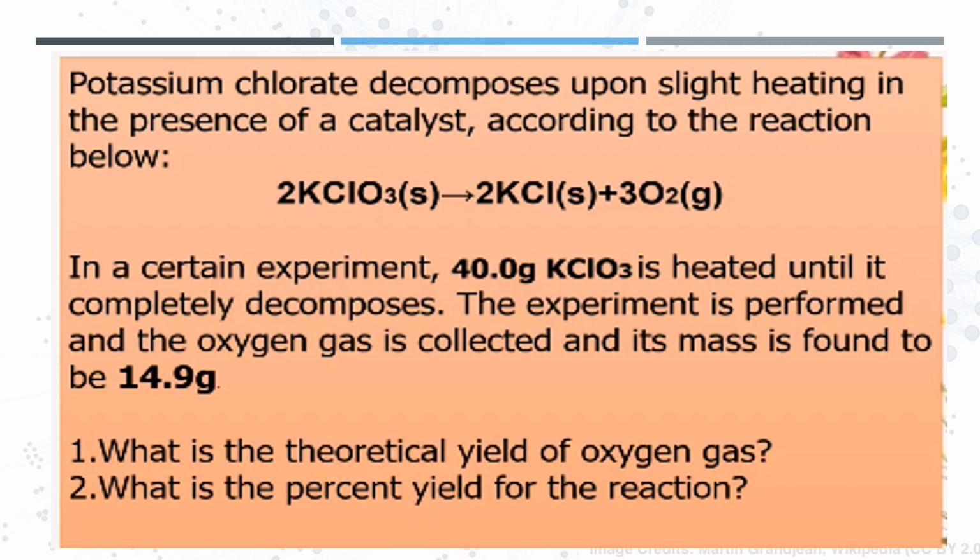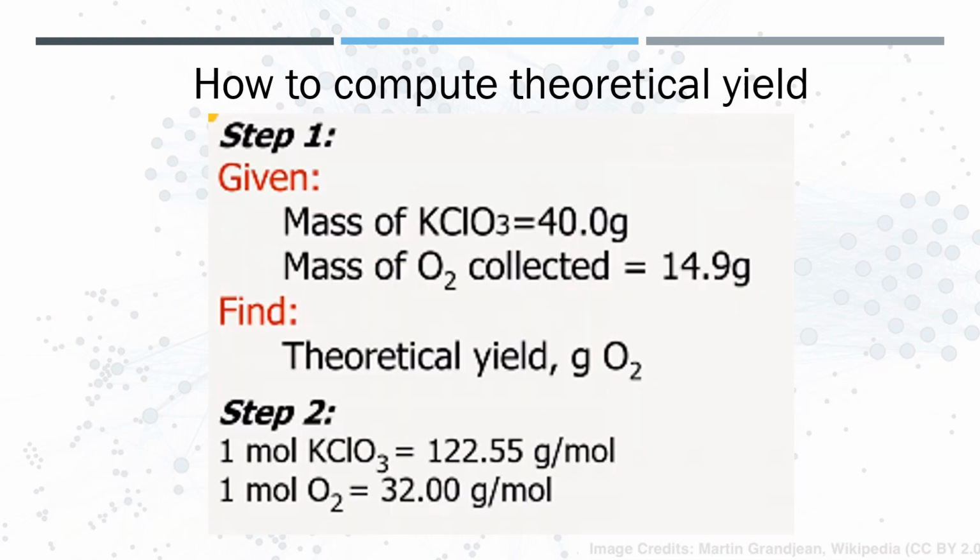So let's start with the calculation of the theoretical yield. First, we will calculate the theoretical yield based on the stoichiometry. The first step is to identify the given information and what the problem is asking you to find. Our given data are the mass of the potassium chlorate, which is 40.0 grams, and the mass of oxygen gas collected, which is 14.9 grams.